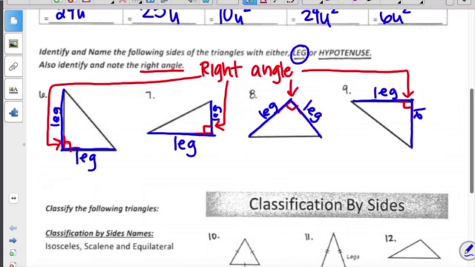What's left is called the hypotenuse. It is the side opposite the right angle. It does not make up the 90-degree or right angle. So hypotenuse. Hypotenuse.